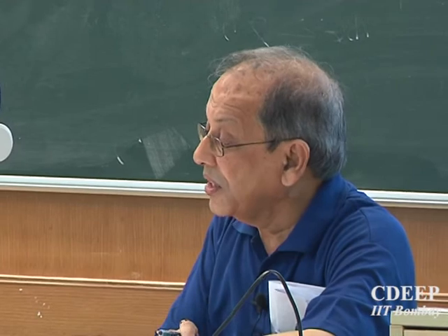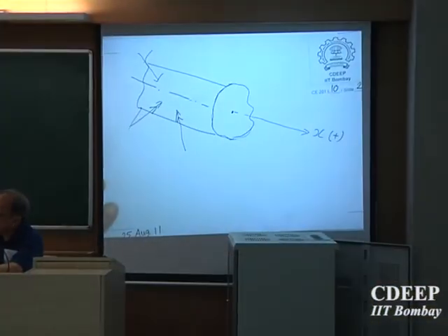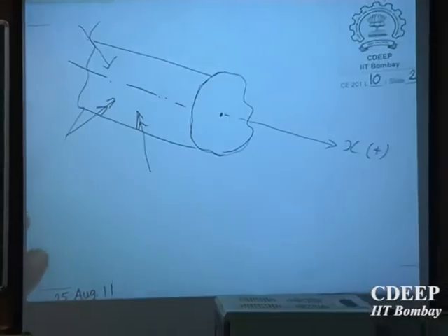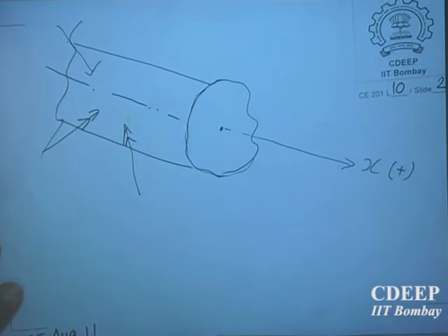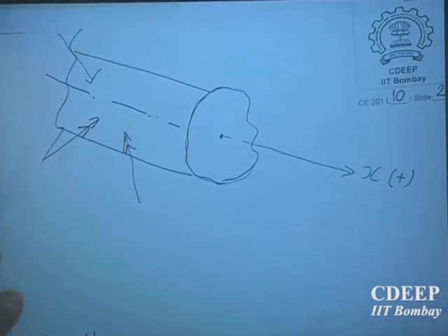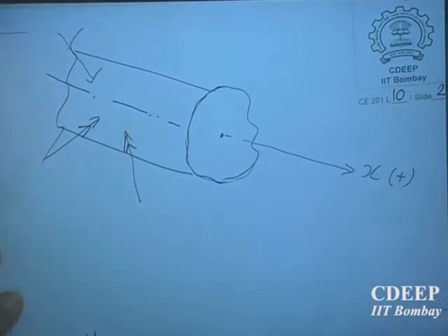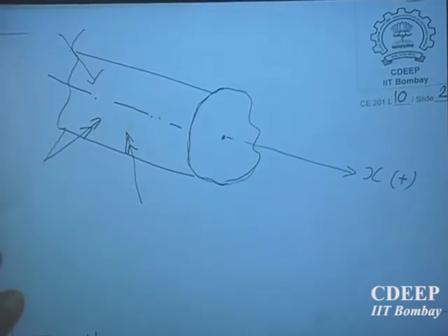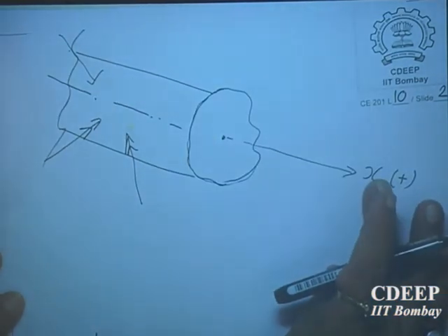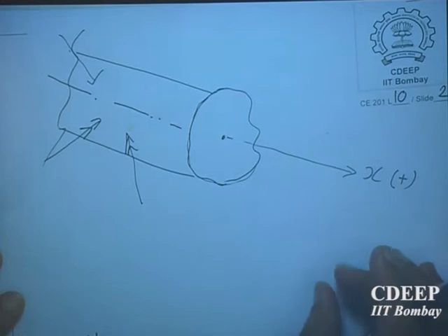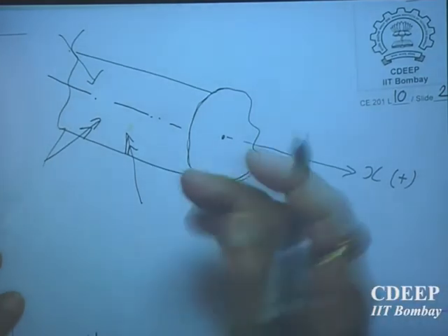So this is a positive x plane. Let us say the plane is perpendicular to the x axis, and there are y and z. So which way should I draw the y axis? Y and z will be in the plane; x is normal to the plane. So y and z are such that x, y, z form a right-handed screw system.